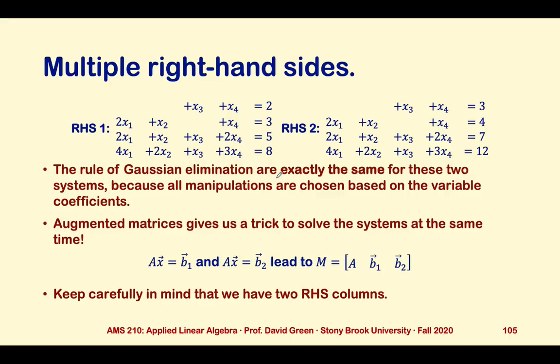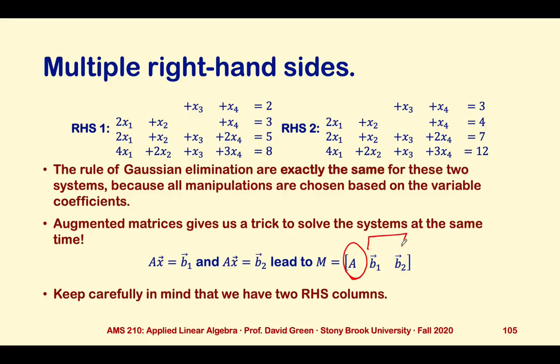Augmented matrices give us a trick to solve these systems at the same time. We're going to create an augmented matrix that has one coefficient block, because the coefficients are the same, but two right-hand side columns.